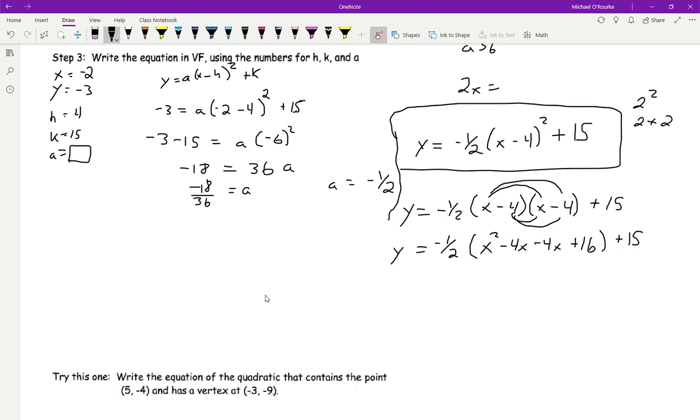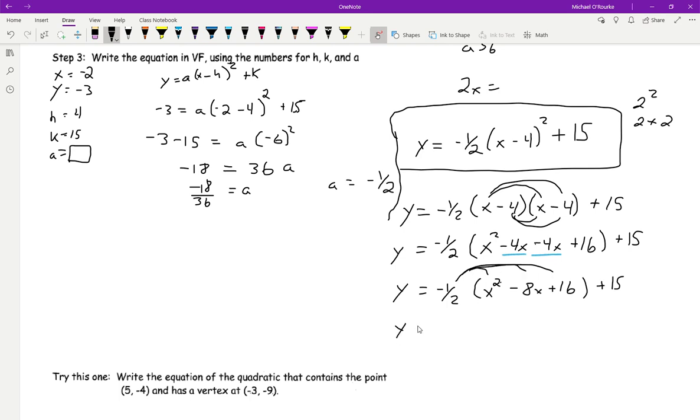Now what should I do here before I rainbow this negative half in? I should do what? Starts with a C. Perfect. Put these two together. Right? You're right, Cam. So I'm just going to put those two together and make negative 8x plus 16 plus 15. Now I can rainbow in.